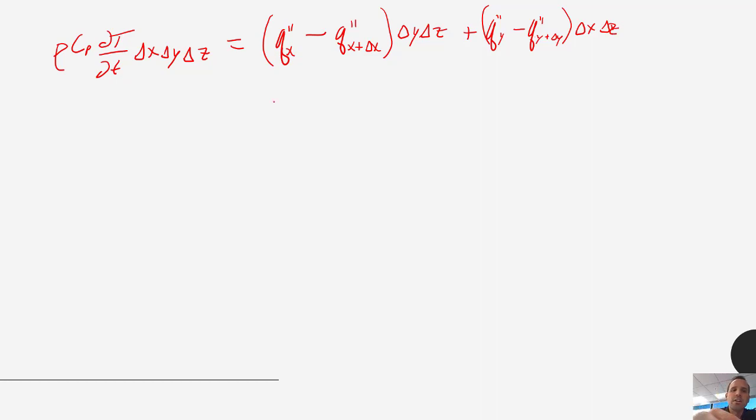And then we've got our z term, so q double prime z minus q double prime measured at z plus delta z. And then we multiply this by delta x, delta y. And finally, we have our generation term of q dot times delta x, delta y, and delta z.